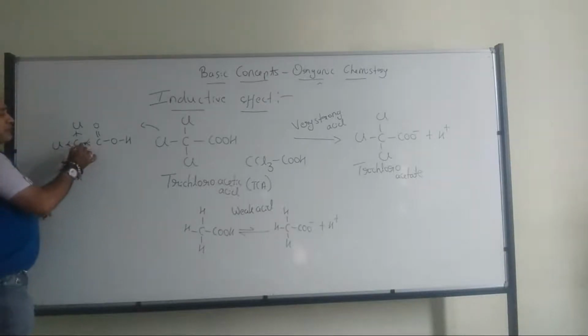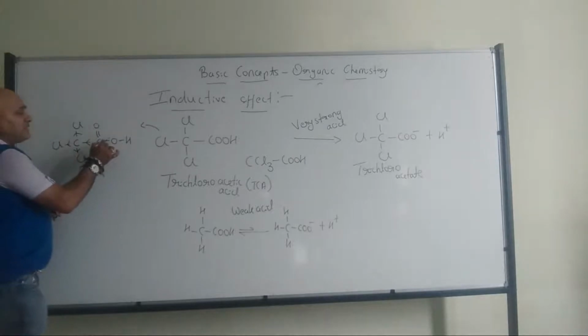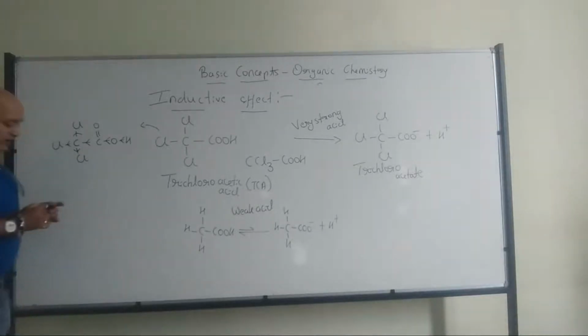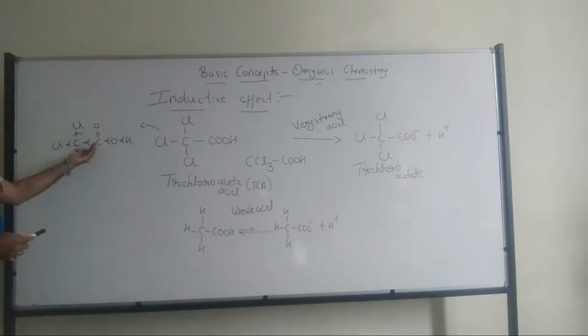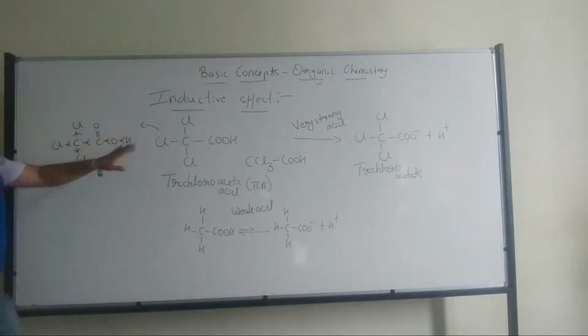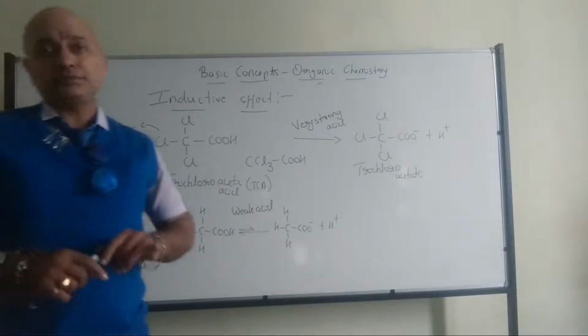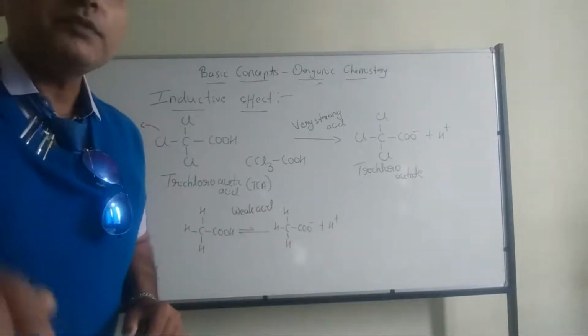Like that, the chain will go on, and due to that, the OH bond will become weak. This pulling of electrons by the three chlorines is transferred to this carbon, then to this oxygen. Due to that, this bond will become weak. So therefore, they will be easily dissociated as O minus and H plus. All of you got my point?